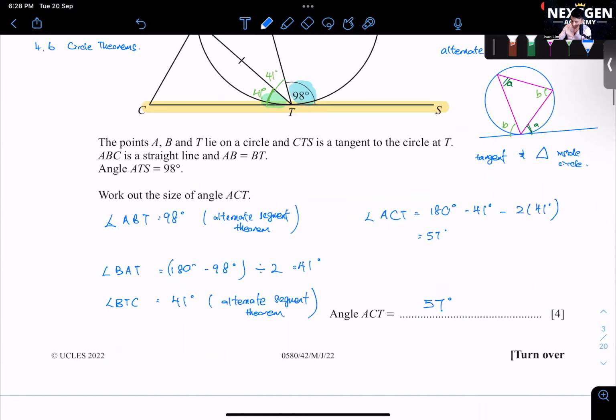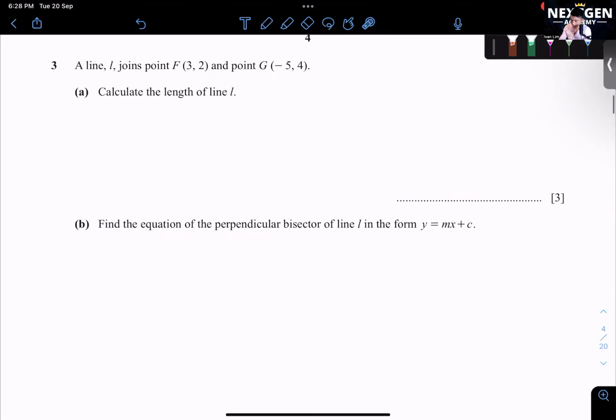Next one. Question 3. A line L joins point F (3, 2) to point G (negative 5, 4). Calculate the length of line L. So the length formula will be, all these you got to memorize. They give us 2 points. Square root of X2 minus X1 squared plus Y2 minus Y1 squared.